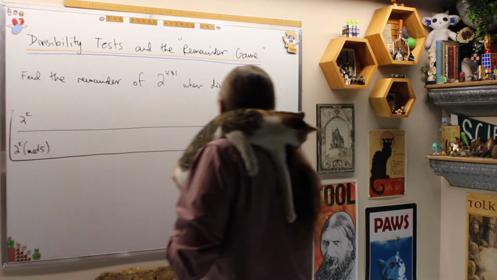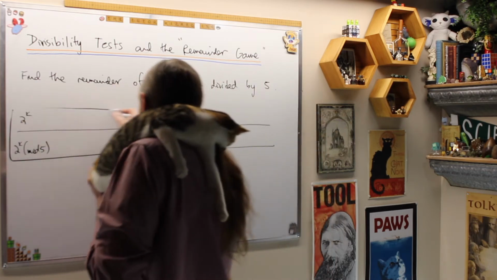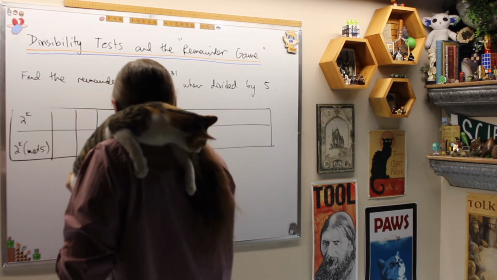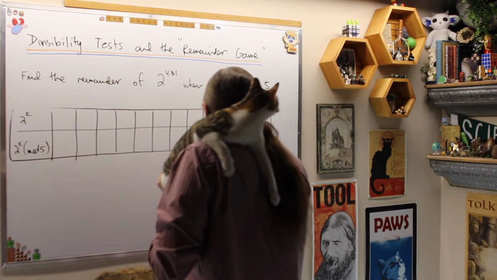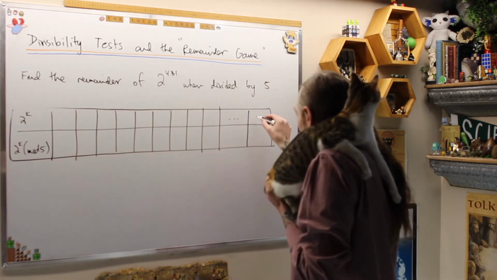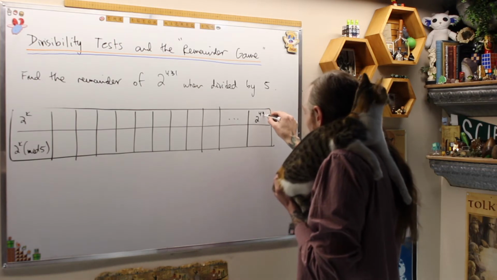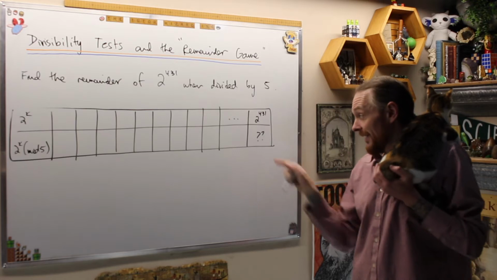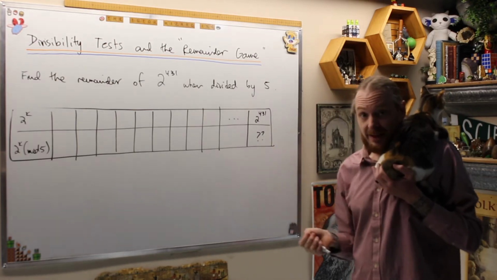We'll get a table of values, which I can use. Let me write this out, and then we'll find a pattern, and somewhere out there is our number, 2 to the 431, and we want to know what our remainder is. This is the box we're trying to fill in. Whatever number goes in there is the answer.